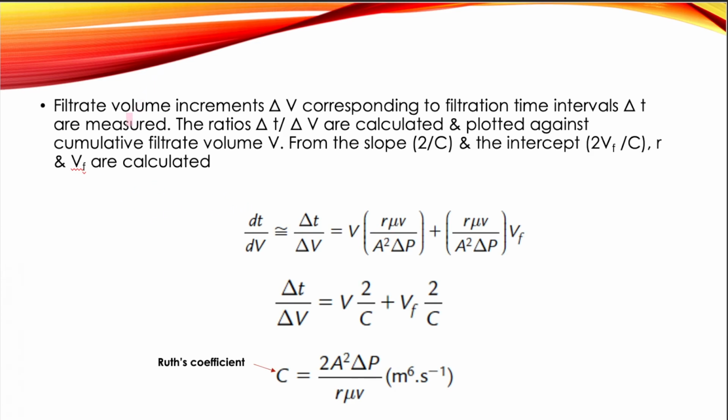Filtrate volume increments delta V corresponding to filtration time intervals delta T are measured, and the ratios of delta T over delta V are calculated and plotted against cumulative filtrate volume V. From the slope 2 over C and the intercept 2 VF over C, R and VF are calculated.